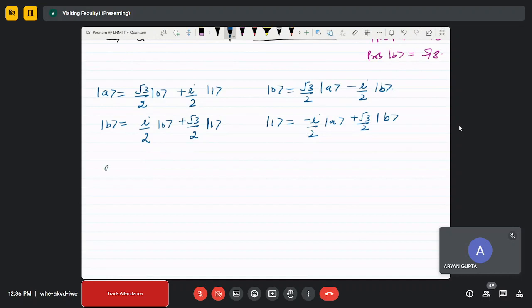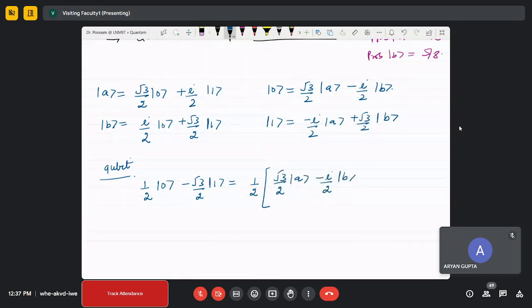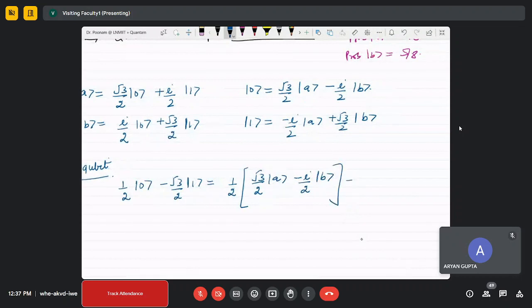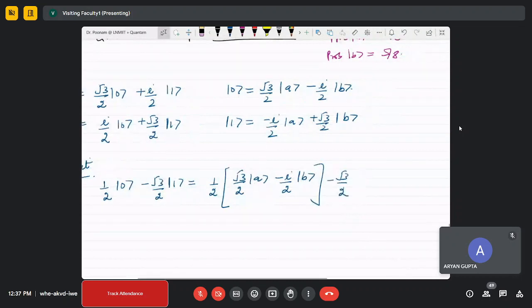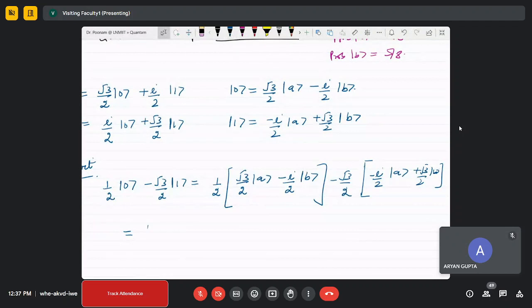Okay, now your given qubit is 1 upon 2 0 minus root 3 by 2 1, so it will be 1 upon 2 root 3 by minus iota by 2 b minus root 3 by 2 minus iota by 2. So when I simplify it, it will become root 3 by, sorry, it will be 4.